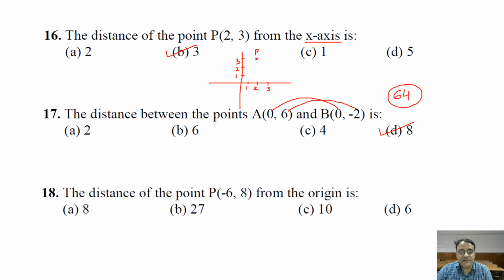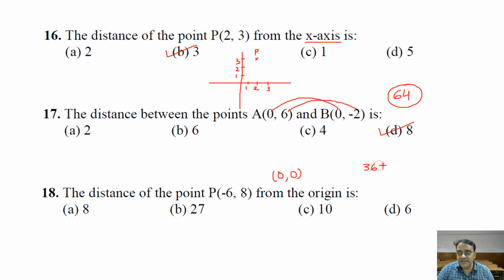The distance of the point P, that is minus 6, 8 from the origin is dash. Okay, so the origin is 0, 0. So -6 -0 is -6 only. -6 square will be 36.